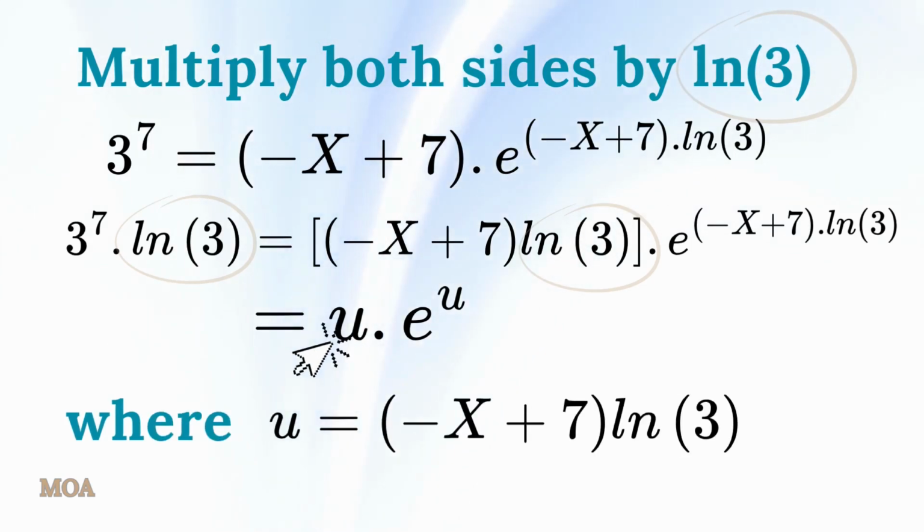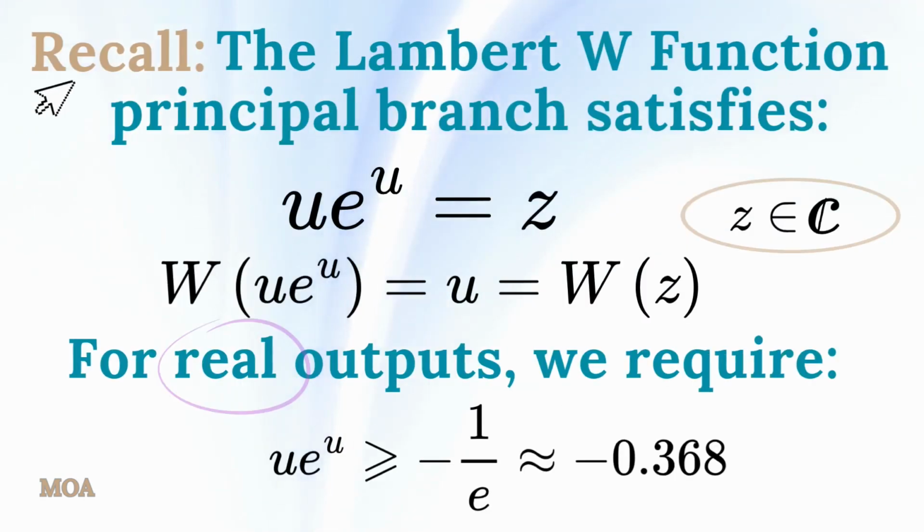This can be expressed as u times e raised to the quantity u, where u equals the quantity negative capital X plus 7 times the natural logarithm of 3. To continue solving, we recall that the principal branch of the Lambert-W function satisfies the following definition.